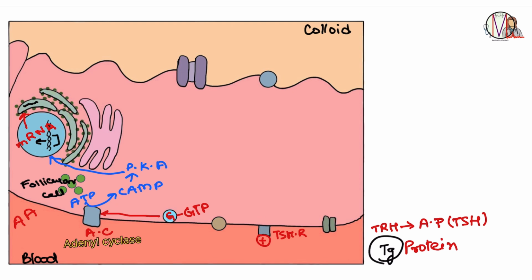So for that, packaging of this protein takes place in the Golgi apparatus. And after that, this will go to the cell membrane and fuse with the cell membrane and leave the cell via exocytosis. The precursor is ready and waiting for whom?